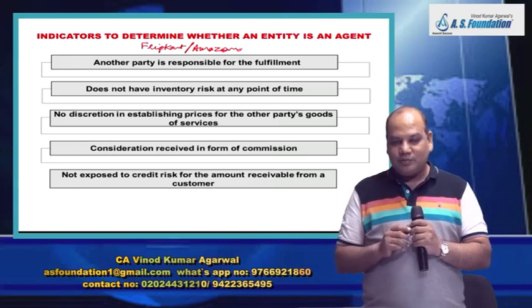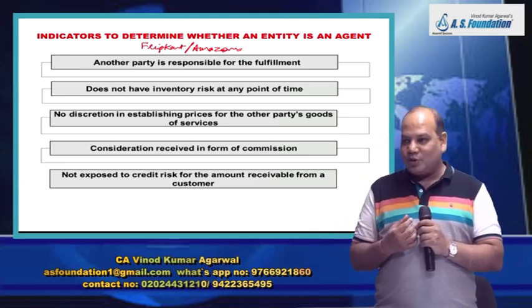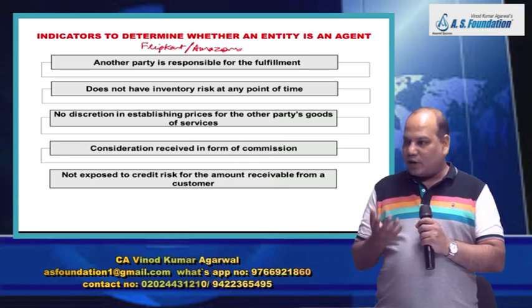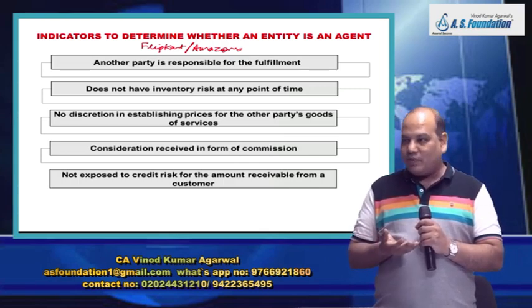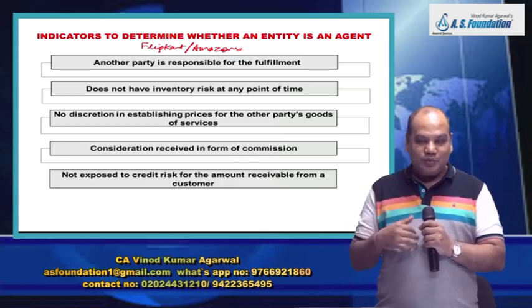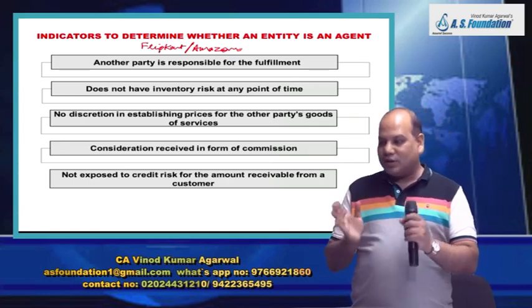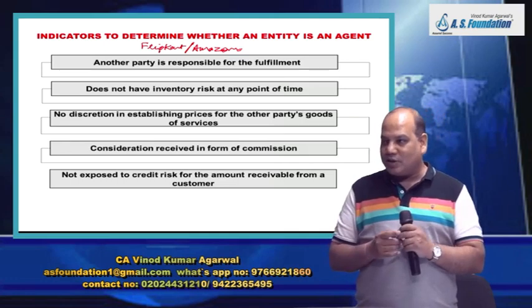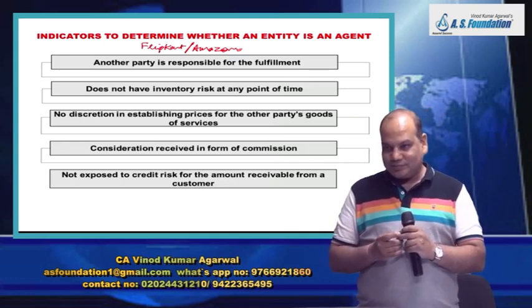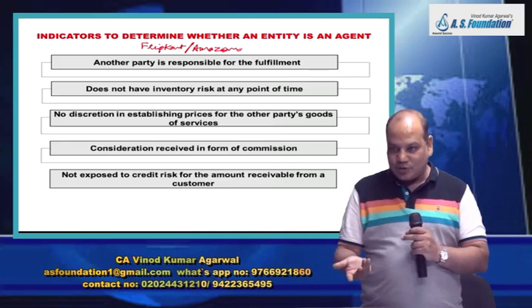Make My Trip. They collect 10,000 rupees from you when they book a flight ticket. Trivago, when they book a hotel room, they charge 15,000 rupees. But are they principal or are they agent? That one has to see.